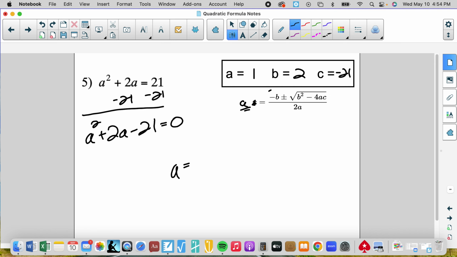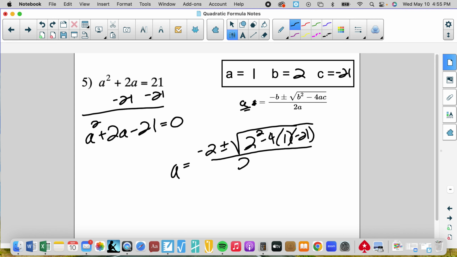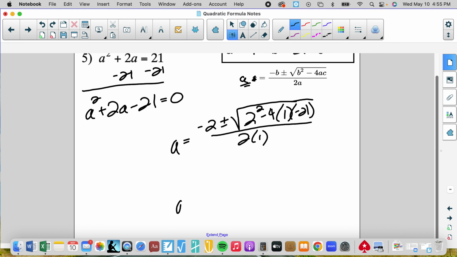So a equals the opposite of b, negative 2 plus or minus the square root of 2 squared minus 4 times a times c all over 2 times a. A equals negative 2 plus or minus 2 squared is 4.